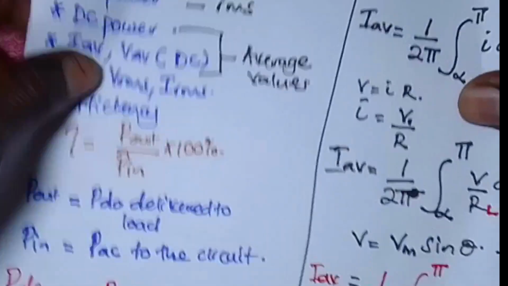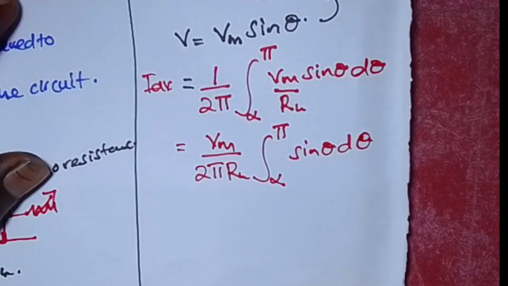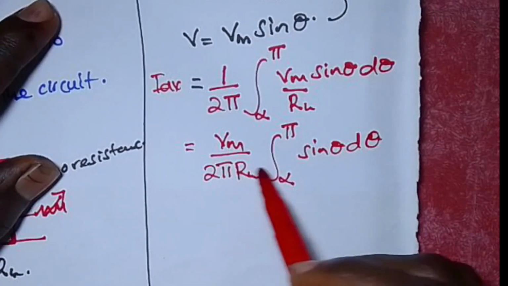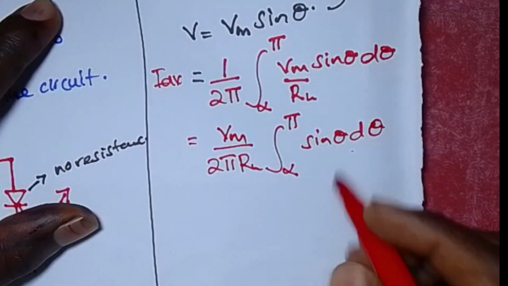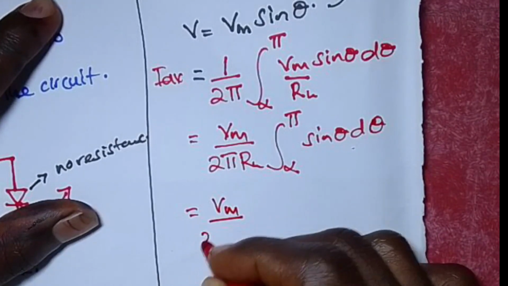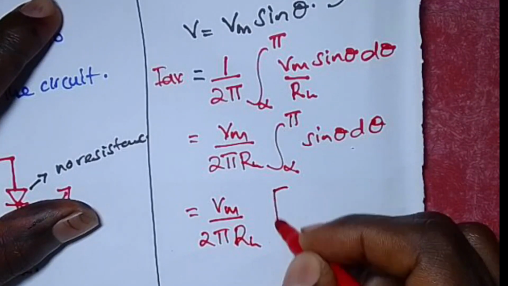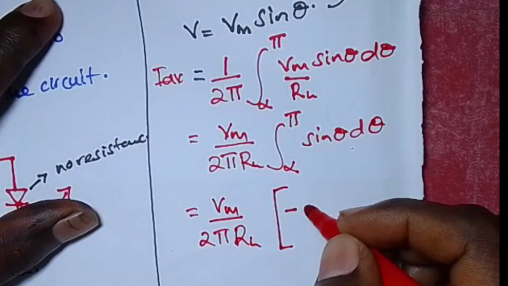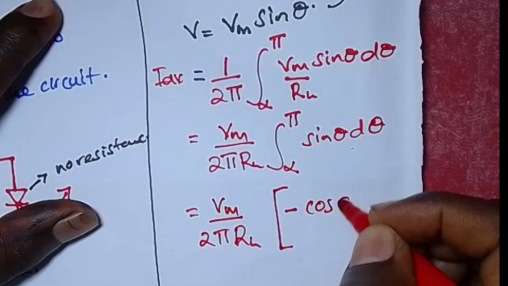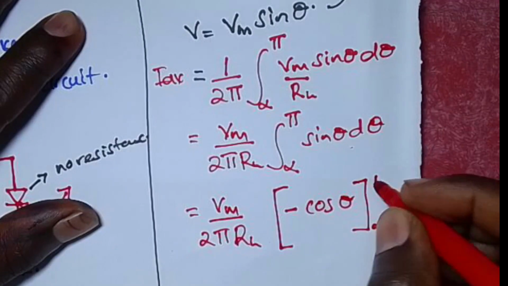So I was saying, at that point we shall have our Vm over 2 pi RL pulled out, and we shall remain with the integral of sine. And remember that the integral of sine is a negative cos. So this will be negative cos theta, evaluated from alpha to pi.